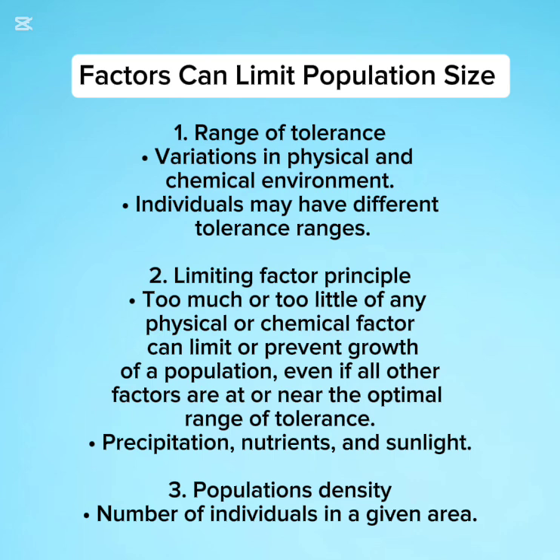The limiting factor principle states that the growth, reproduction, and survival of a population can be restricted by the scarcity or excess of certain resources, even if all other needed resources are abundant. And the last factor that can limit population is population density. It's the number of individuals in a given area, or a measure of the number of individuals of a species living within a specific unit of area.